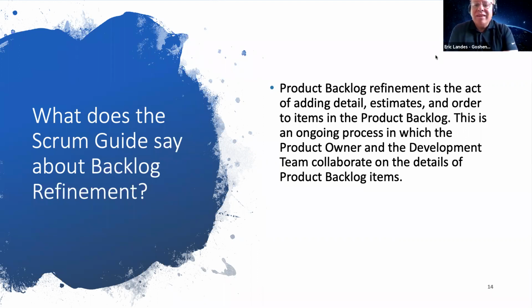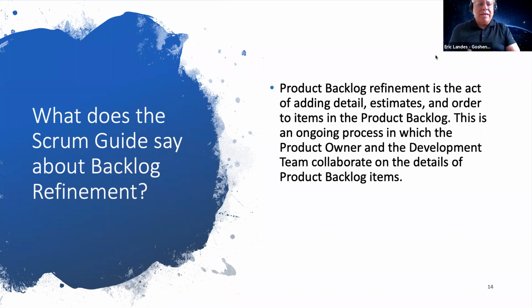It is an ongoing process in which the product owner and development team collaborate on the details of the product backlog items. I would draw your attention here to ongoing process. That's something I think that is key when we talk about backlog refinement.